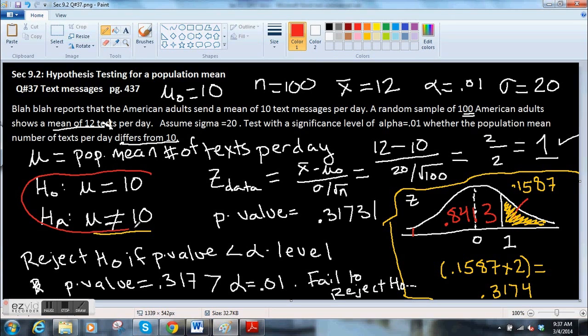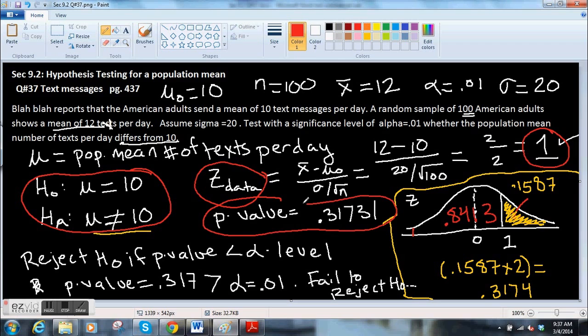So you want to put this on a test. Your paper should look like this. It should have this number on it. It should have z data equals 1. It should have p-value equals this. It should have a sentence comparing the p-value to the alpha level. Oops. You know, in my other conclusion, I wrote it wrong. Here, I'll show you.